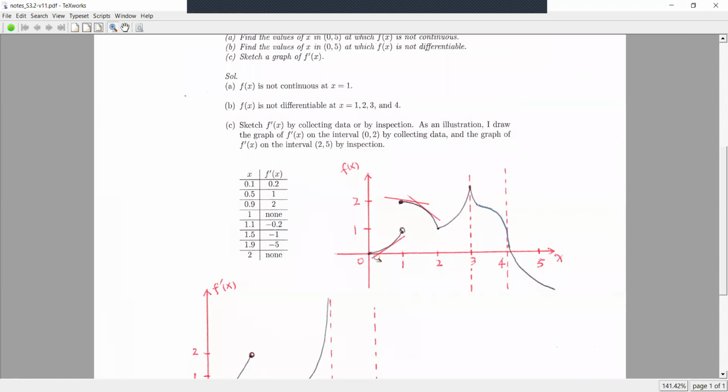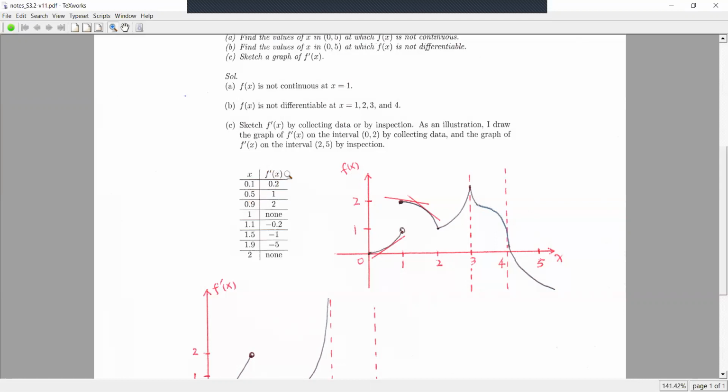At x is point 1, I draw a tangent line to the graph of the function f. Now, take a guess on the slope of the tangent line. My guess is about positive 0.2. Therefore, the value of the derivative at point 1 is about 0.2.